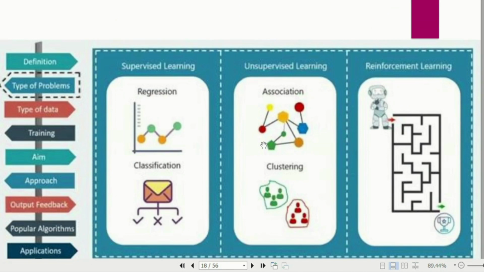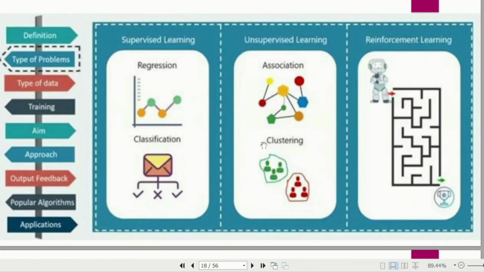Moving forward to the types of problems that come up in the different learnings. First of all is supervised learning. Supervised learning has regression. What actually is regression?